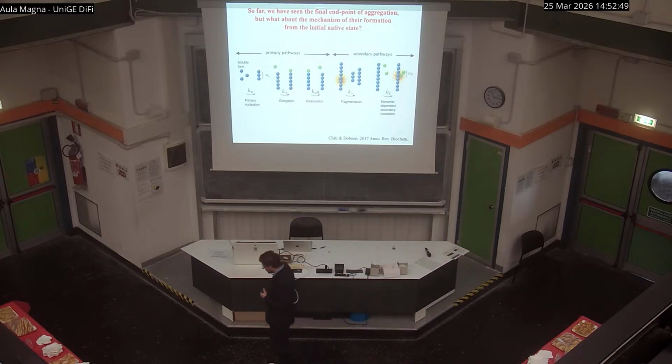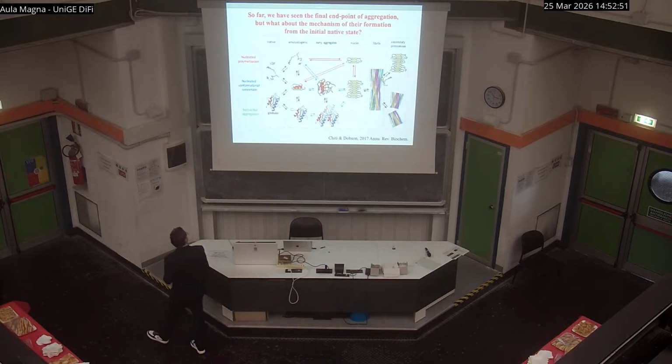Okay, this is a more complex picture showing again native, amyloidogenic, early aggregates, nuclei, but following three different pathways that have been accepted so far: nucleated polymerization, nucleated conformational conversion, native-like aggregation. I don't want to get into the details, but just say that you can have nucleus formation from a monomer in the first pathway here.